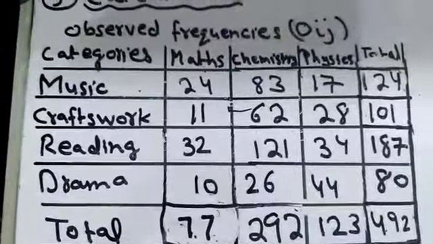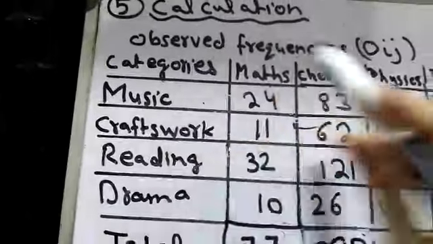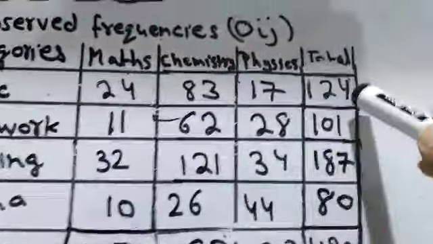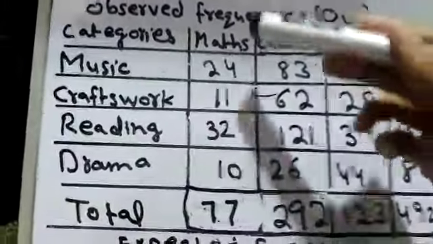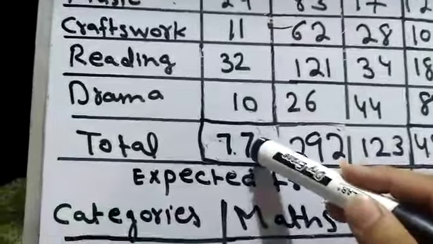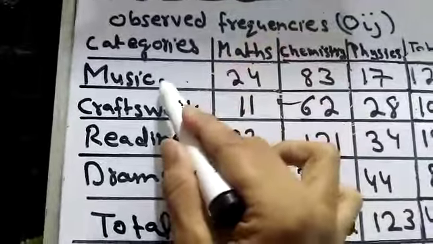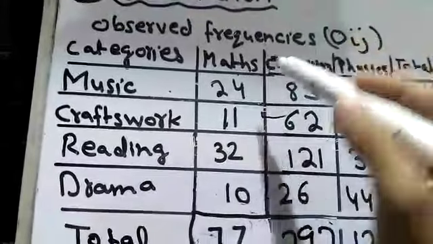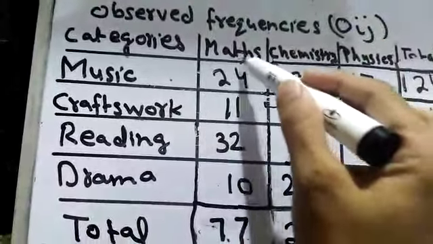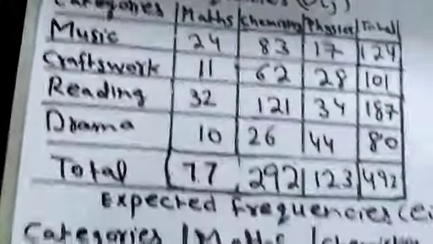How will we calculate expected frequency? We will use the total of each category. This means, how many candidates have the hobby of music? 124. And how many candidates have their degree in maths? 77. For the first category of hobby, music, and the first category in degree, maths, corresponding to 24 as the observed frequency, we will calculate the expected frequency.